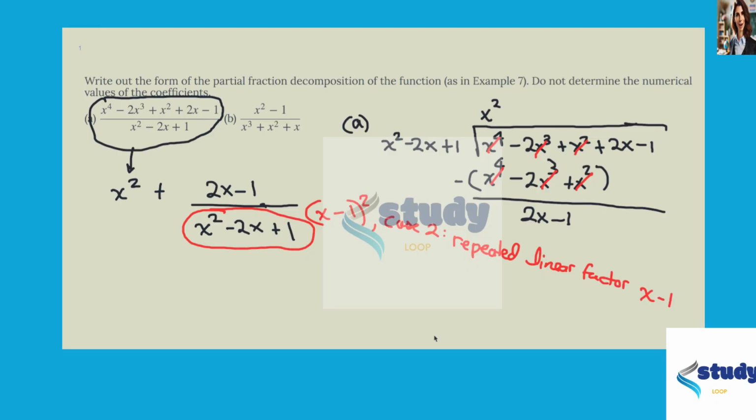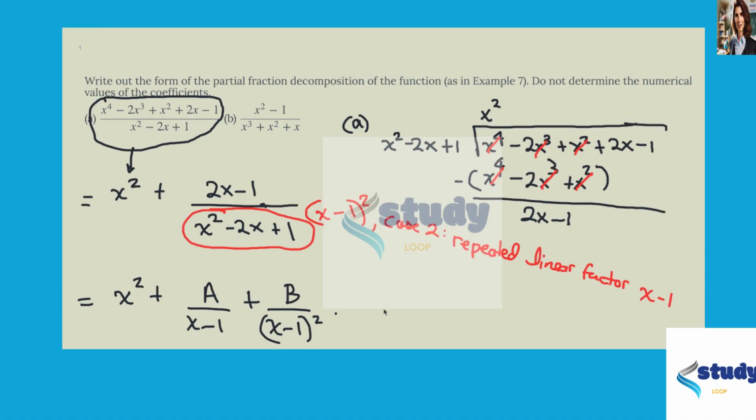Using the formula for case 2, x squared is not a fraction, so let's just write that as it is. And then for this fraction, we have A over x minus 1 plus B over x minus 1 squared. That'll be our partial fraction decomposition for part A.